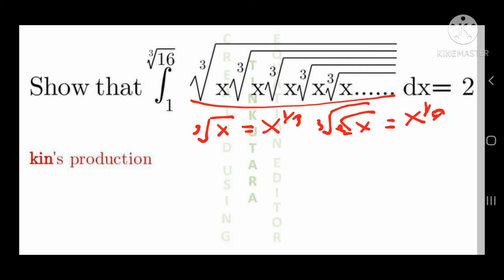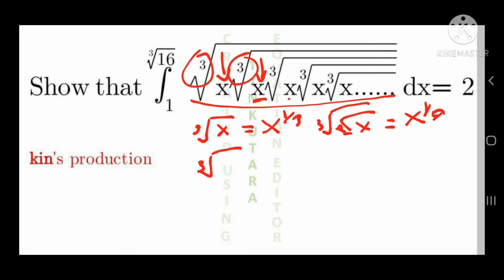Then the third term will also be the cube root of another cube root of another cube root. This is the first term here. The second term is this, and this second term has this cube root and this cube root on it.